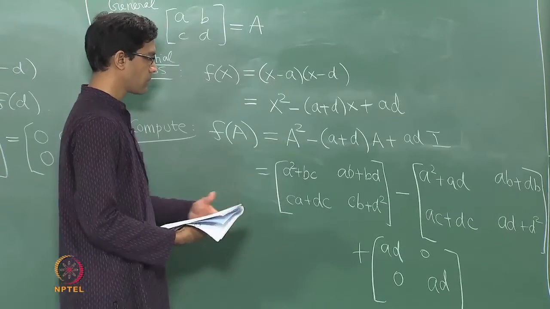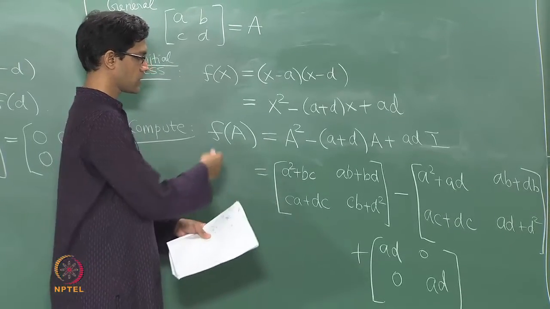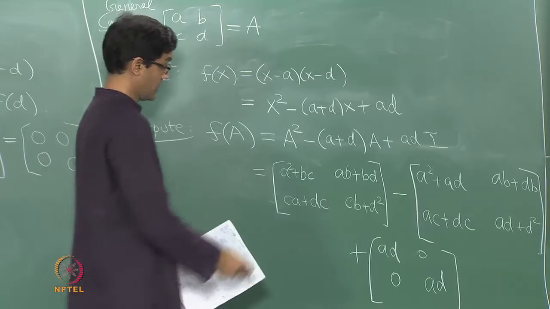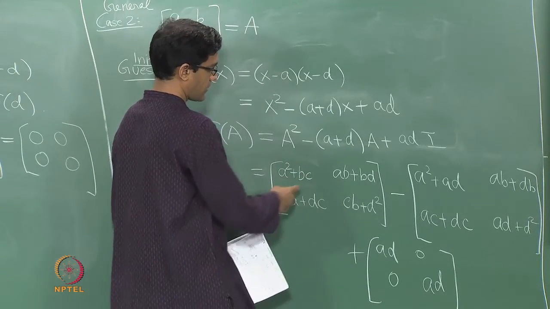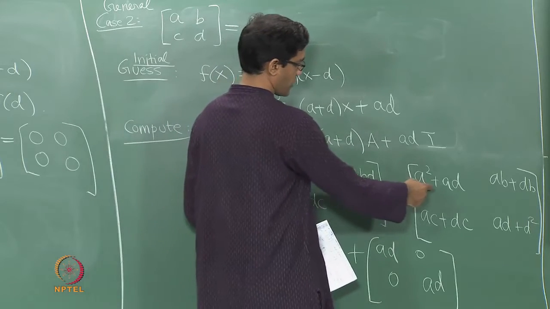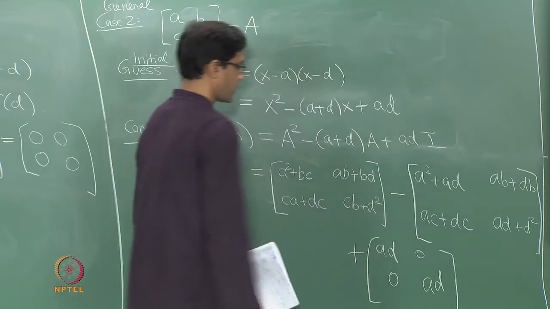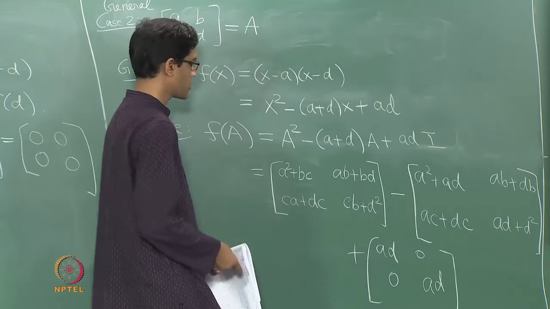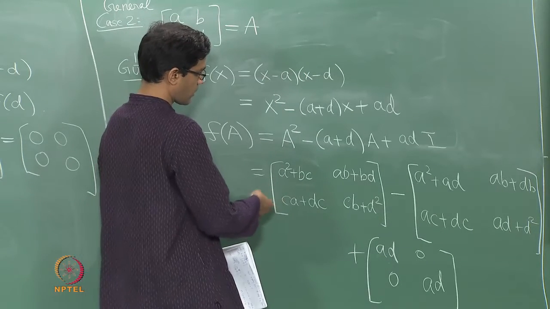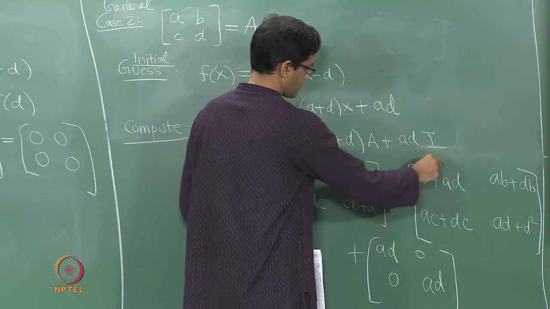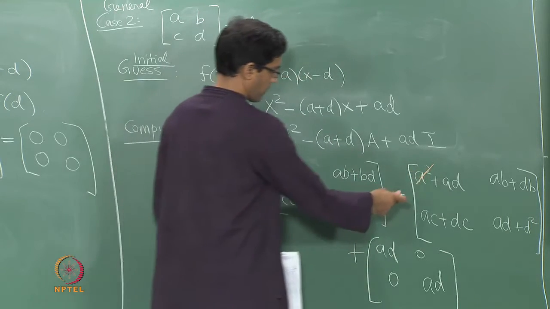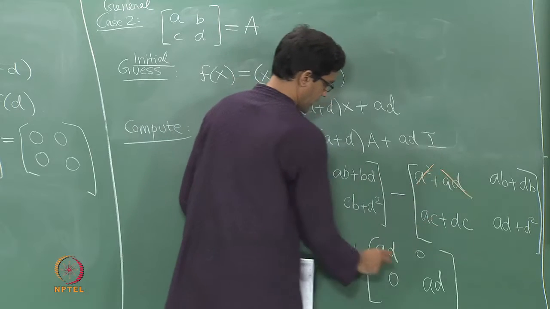So that is the complete answer, but now there is a lot of simplification that takes place. For instance, I take the top left entry, a squared plus bc, minus a squared plus ad, plus ad. I need to combine those terms and see what I get. Here I can already see some cancellation. The a squared with a minus sign cancels the a squared. The minus ad cancels with the plus ad.